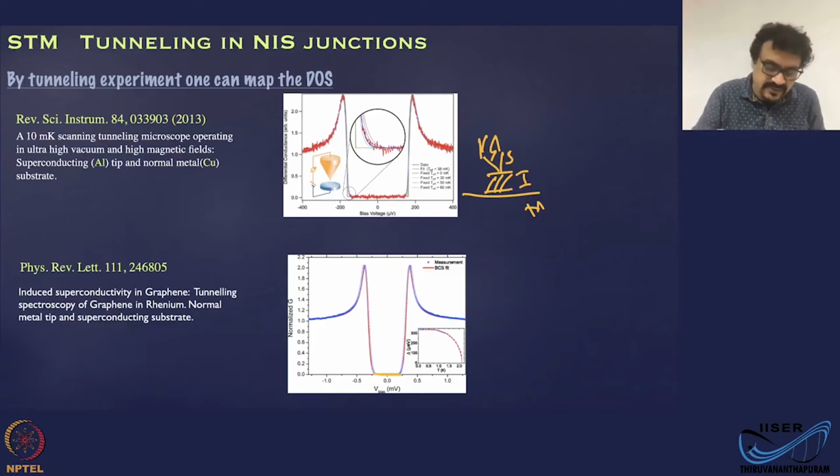The density of states goes up as you approach the Fermi level from either side, but then there is a gap. So what you're doing here is directly mapping the density of states by measuring the current through tunneling between a normal metal and a superconductor.